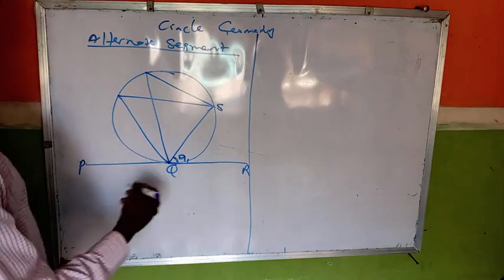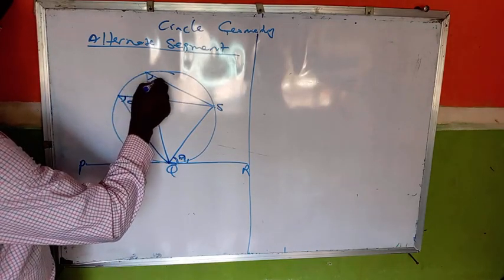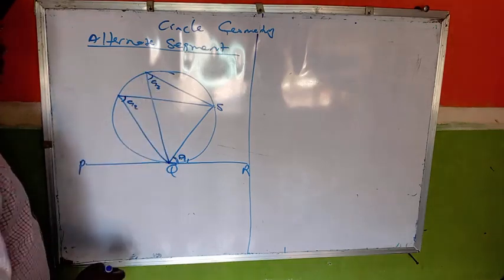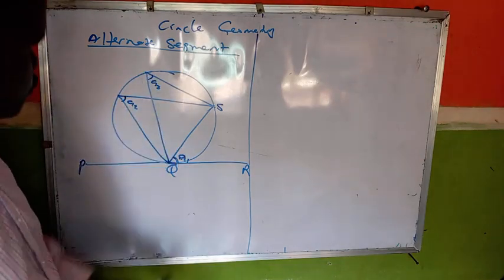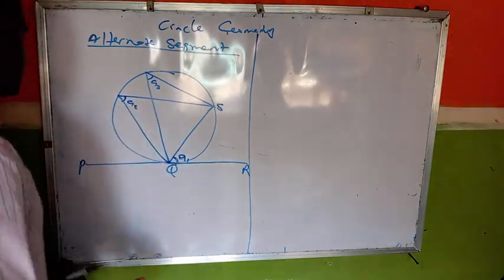Let's call this one A2 and this one A3. Now, what do we want to prove? We want to prove that this angle here is equal to these.